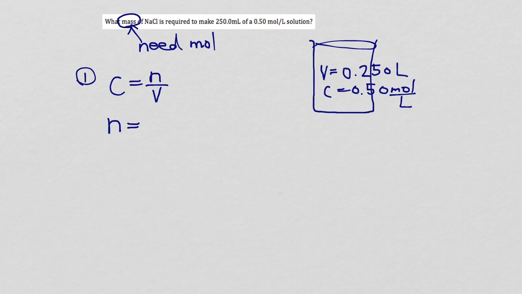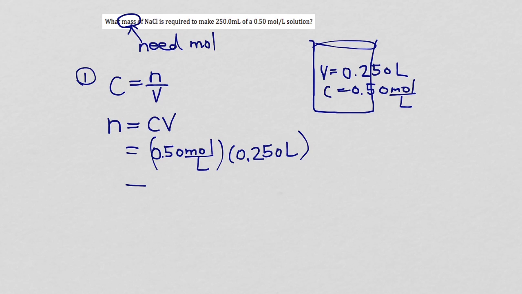Isolating for moles gives us n equals C times V. That means that if you have a 0.5 moles per liter solution and you have 0.25 liters of it, then the amount of moles inside is going to be 0.125 moles of solute.